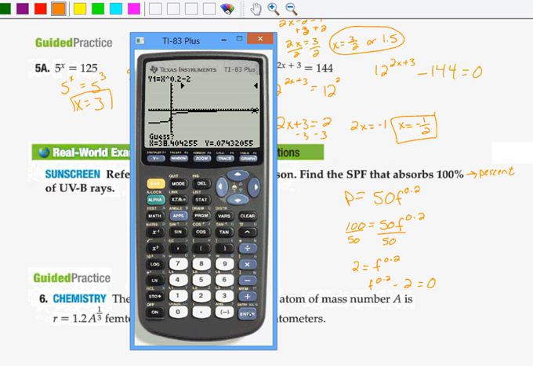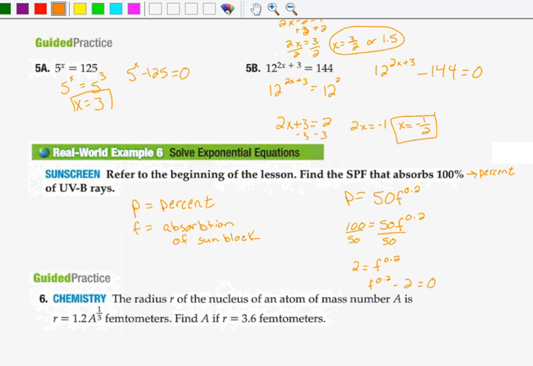We don't do the whole guessing thing. Okay, so right there, if you can't see it, you do second trace 0, left bound, find a spot below the intersection, find the spot above the intersection so it knows where it's zooming in on, and it found it, 32. Okay, so sometimes, again, knowing how to use these calculators really does work.